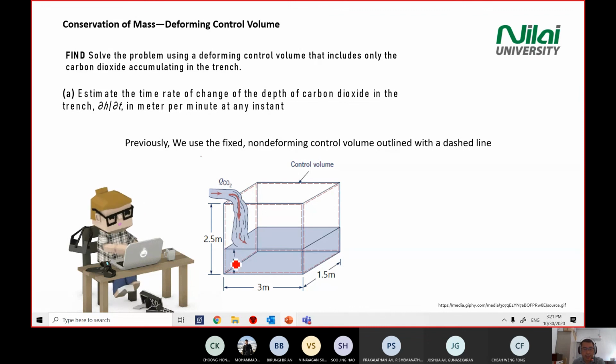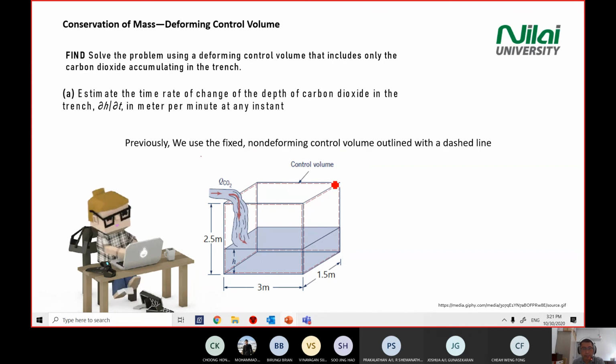We want to find del H over del T later on. And then we have a base of 3 times 1.5 meter. I'll give you some time to draft out just a simple shape, a cube with a control volume. Always label your diagram with the control volume.